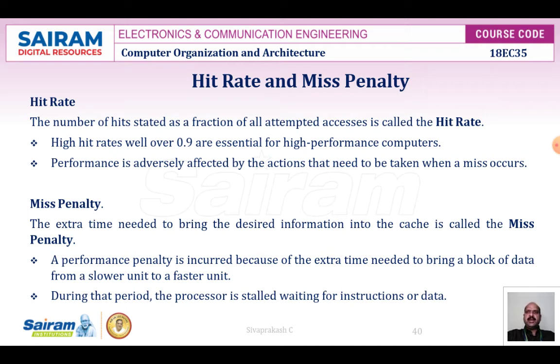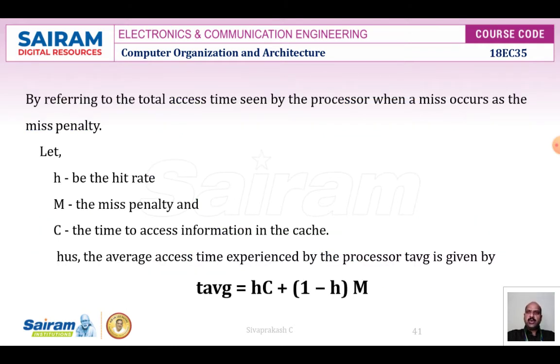By referring to an example, we can see how it is calculated. The total access time seen by the processor when a miss occurs is the miss penalty. Let h be the hit rate, M be the miss penalty, and C be the access time to the cache.